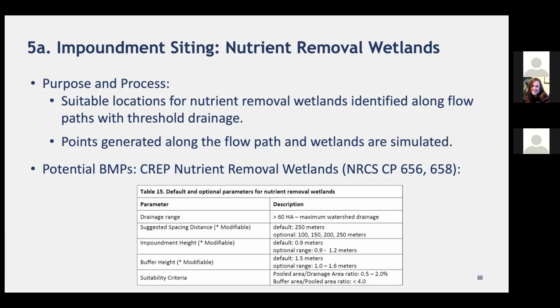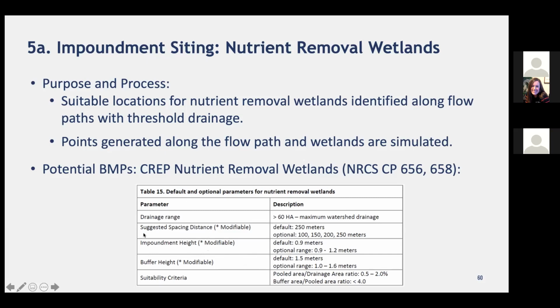The primary practices that we're interested in with nutrient removal wetlands are CREP nutrient removal wetlands, which would be conservation practice standards 656 and 658. You can see in this table on the center part of the slide the default and optional parameters for nutrient removal wetlands.